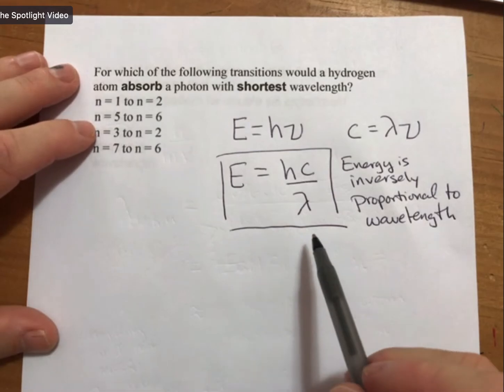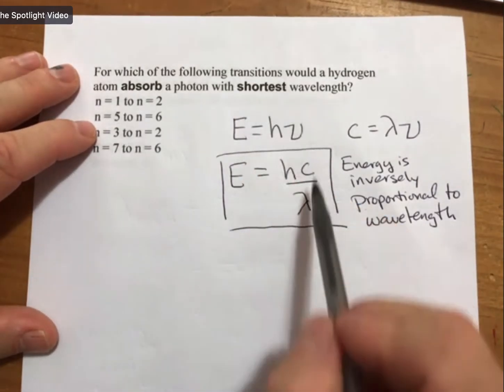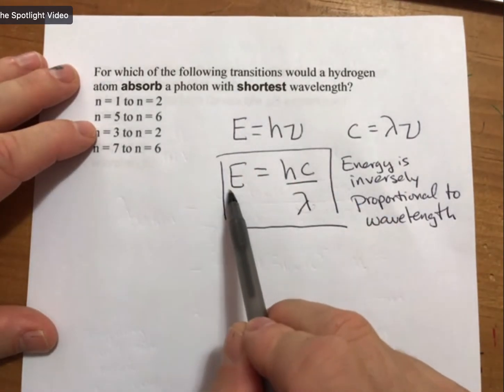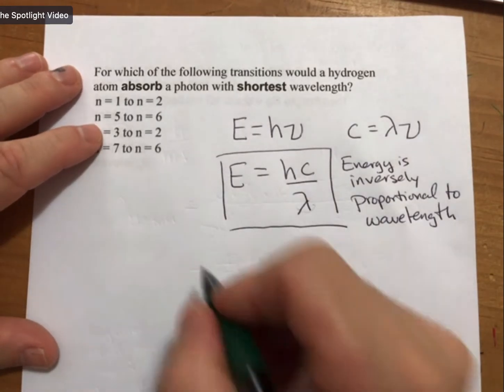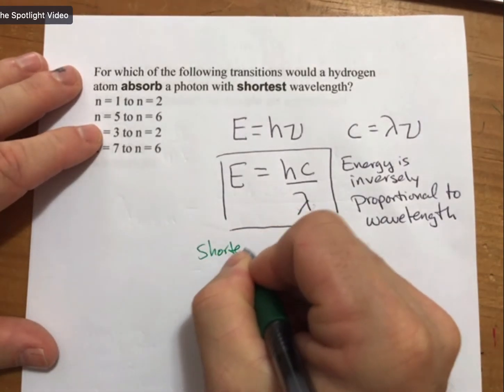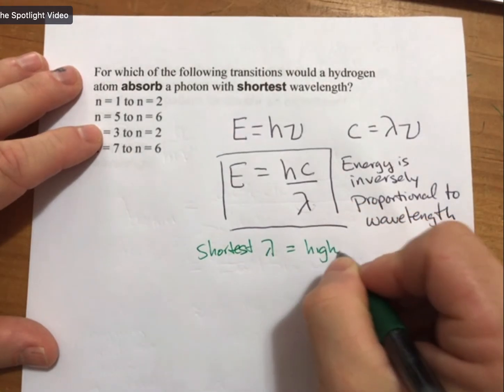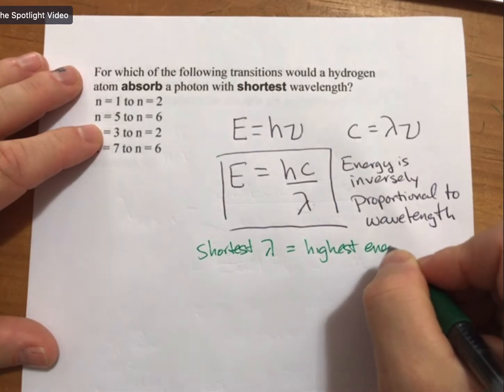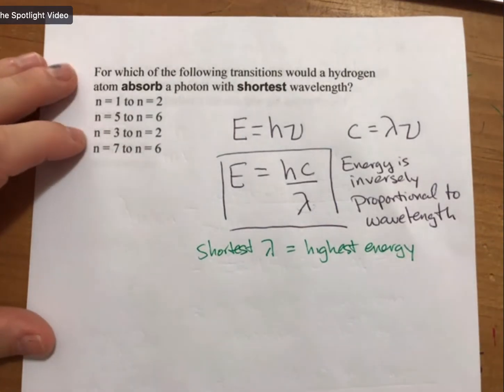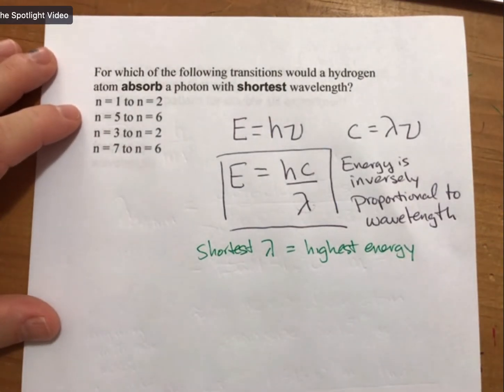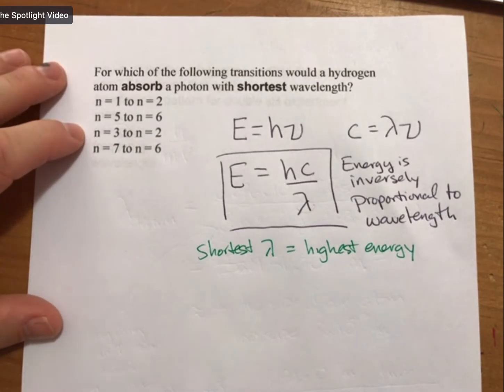So if we're looking for the shortest wavelength, we're looking for the largest energy. Any questions about that part of this? I know I still have to solve the problem.